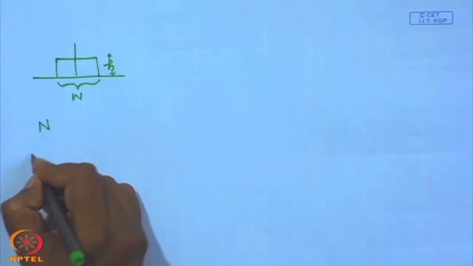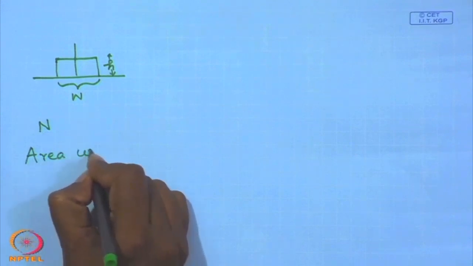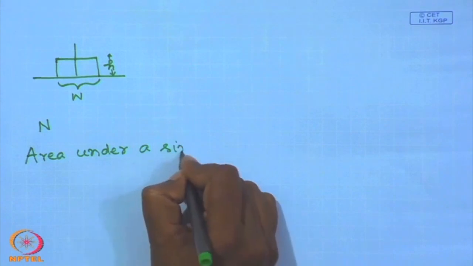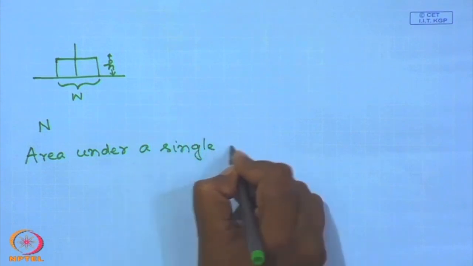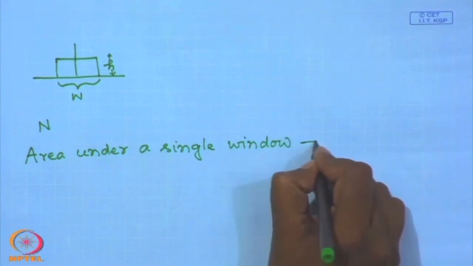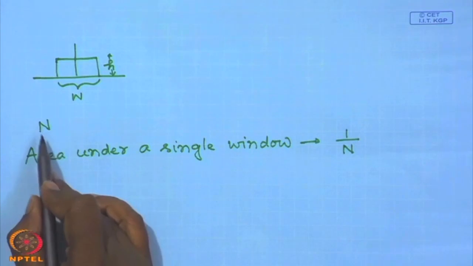So, the area under a single window will be 1 upon N, if N is the total number of samples given for probability density estimation.